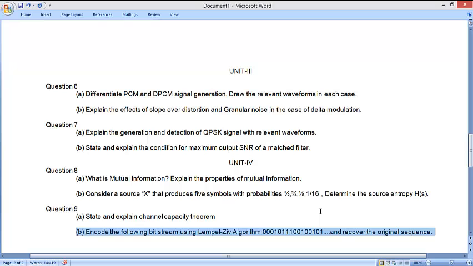Next is, encode the following bit stream using the LZ algorithm and recover the original sequence. Here we assume that the binary symbols 0 and 1 are already sorted and stored in that order in the code book. So you have to calculate the subsequences stored and the data to be parsed.